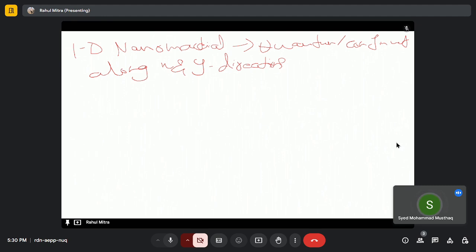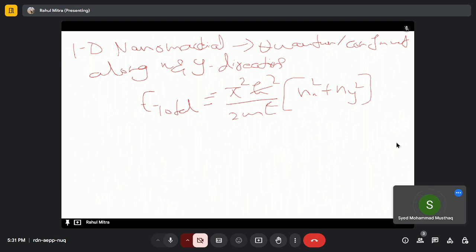So if I represent the total energy of electrons, it will be equal to pi square h cut square by 2 m L square. If I assume a cube, that will be equal to nx square plus ny square, plus h cut square kz square by 2m. This is for a one-dimensional nanomaterial, for example if we are talking about CNTs.